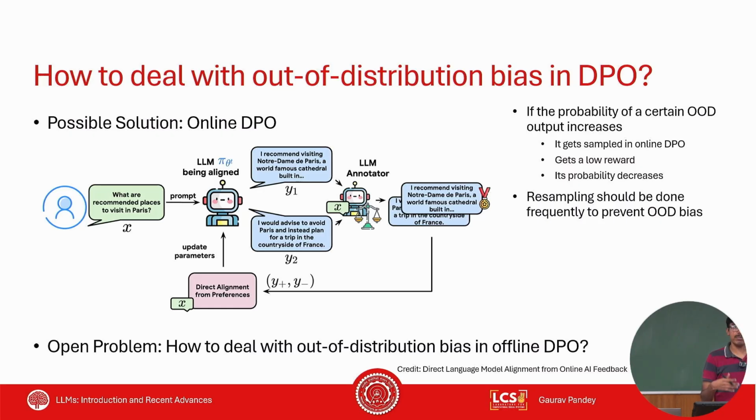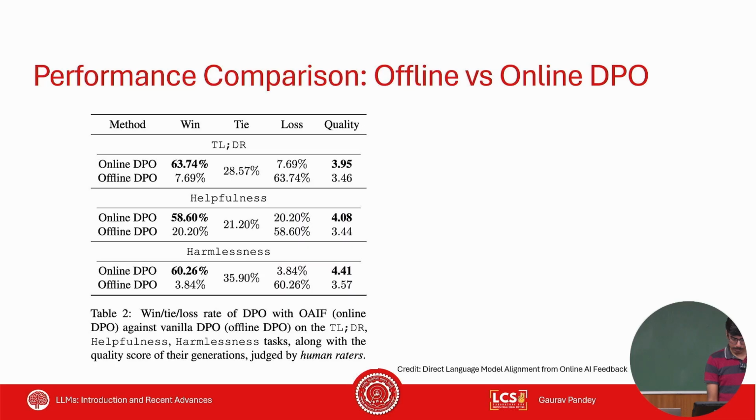This feedback loop has been shown to improve the performance of DPO by a huge amount. And as you can see here, the online DPO methods actually work much better than the offline DPO methods. You can see the win rate difference between online and offline DPO.